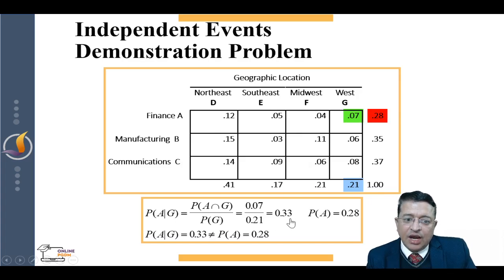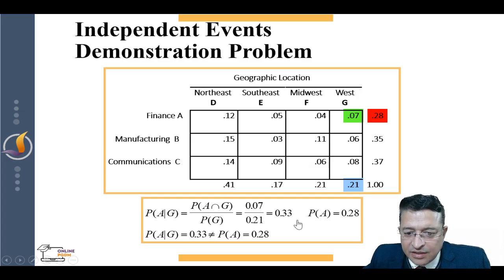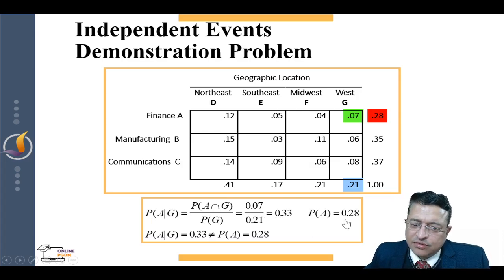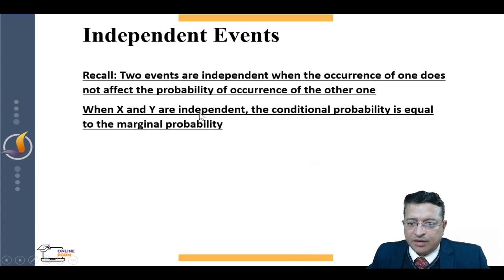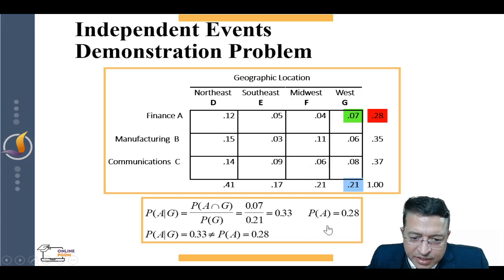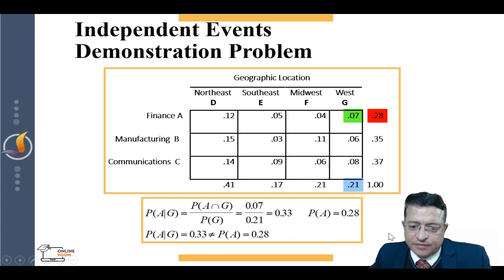If the probability of A given G and the probability of A are equal, then these are independent. In this case the probability of A is 0.28, so both are not equal. When x and y are independent, the conditional probability is equal to the marginal probability, but this is not the case here. So that means these are dependent.